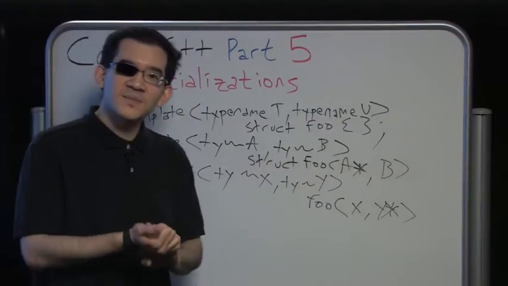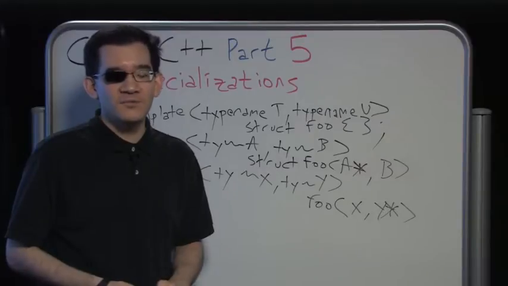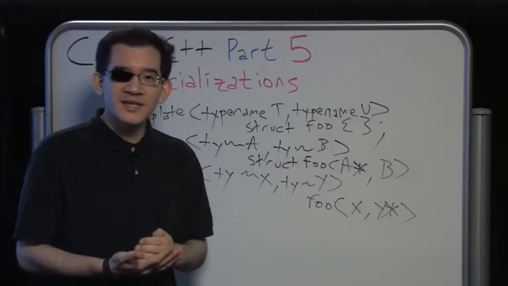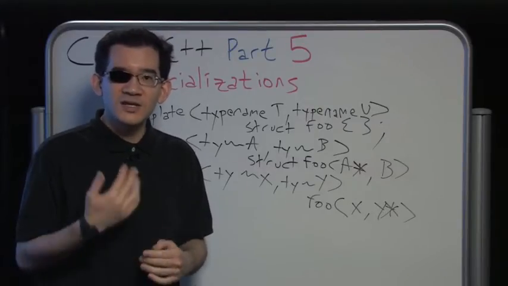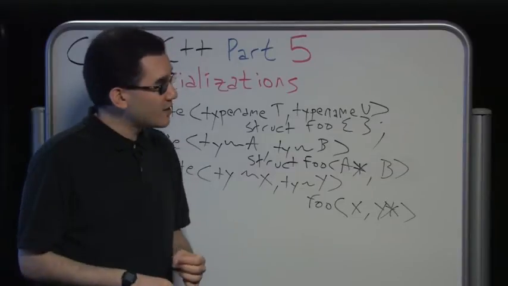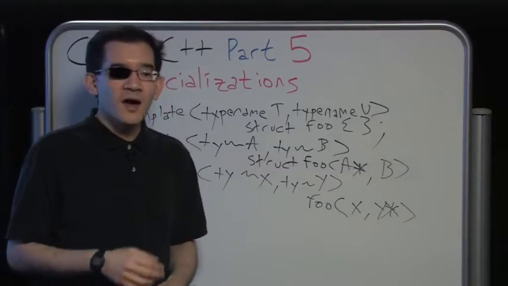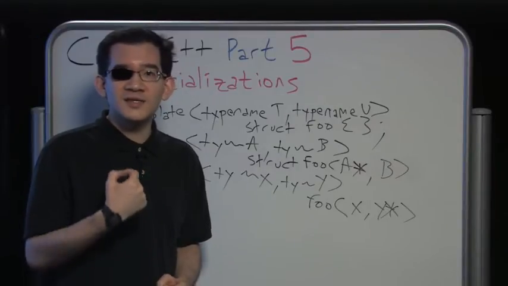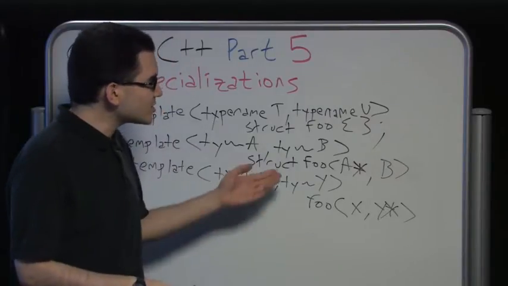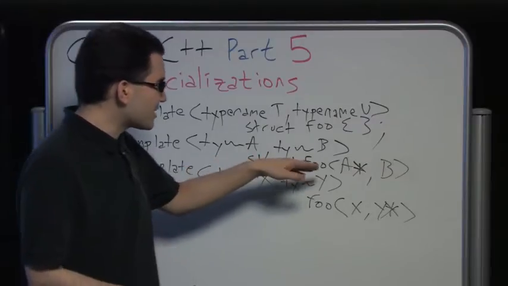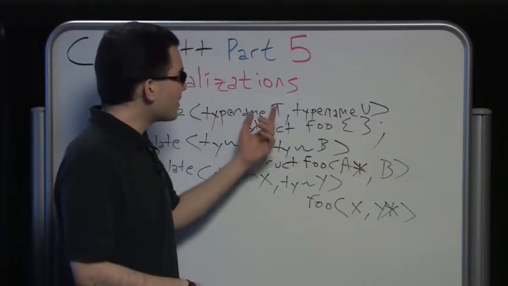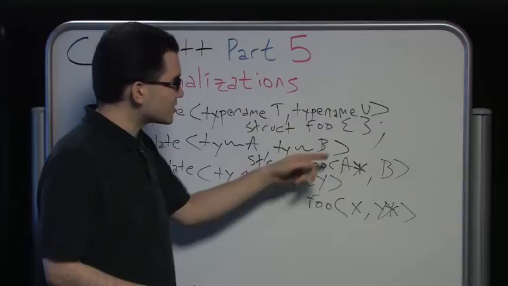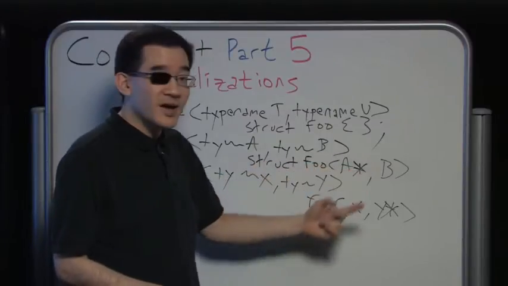As I explained earlier in previous parts, C++ has a complicated set of rules that tries to produce an intuitive result. And in the case of partial specializations and explicit specializations, it tries to select the most specialized match. So in this case, if I have something like int star and long, then yeah, the primary template matches, but this partial specialization matches as well.